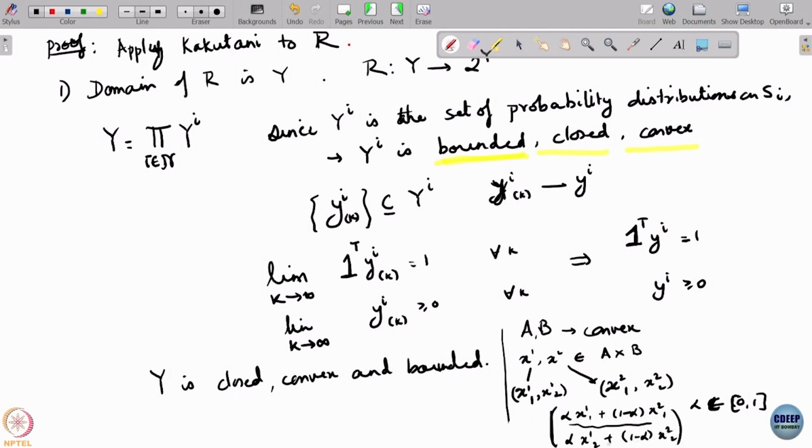The first is in A and the lower one is in B, because A is convex and B is convex, and so the result is also in A cross B.